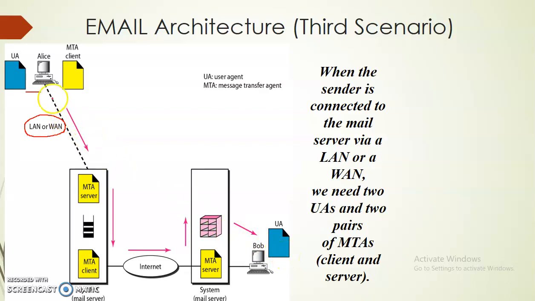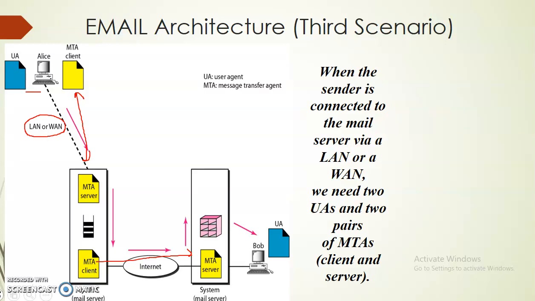In that case, a user agent is required by both, and an MTA client and server are required by both. We need one more pair of MTA client and server. With the help of that, the user agent will send the mail through the LAN or WAN to the mail server. Here we require two user agents and two pairs of MTA client and server.